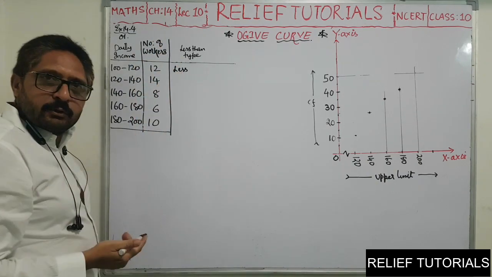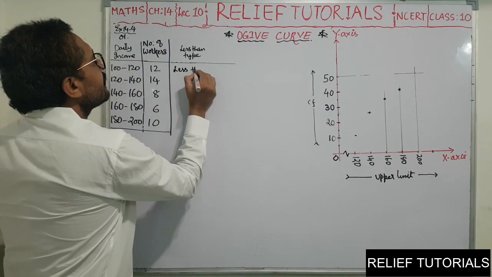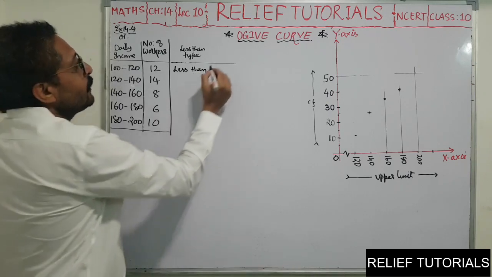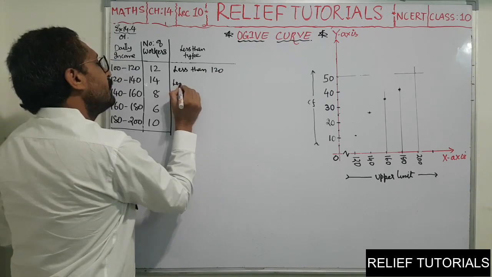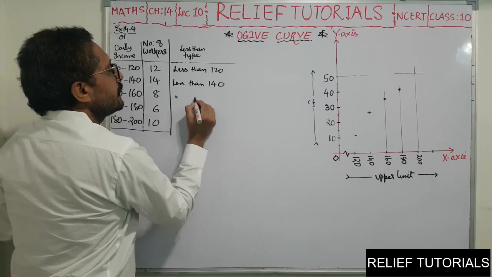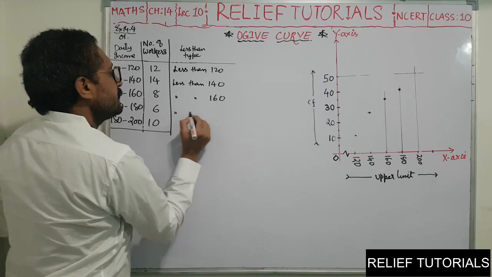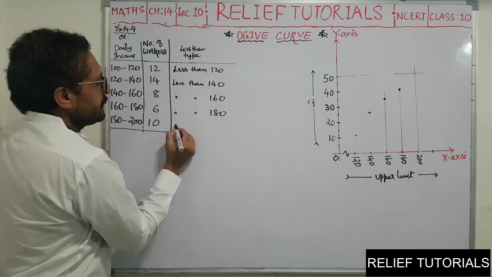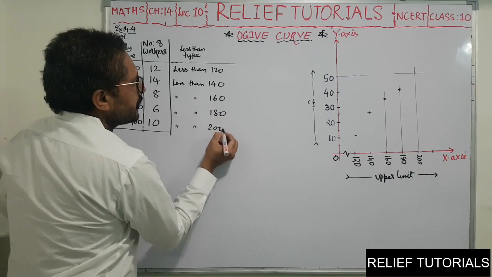Now we will convert them into less than type. So now less than 120, less than 140, less than 160, less than 180, less than 200.